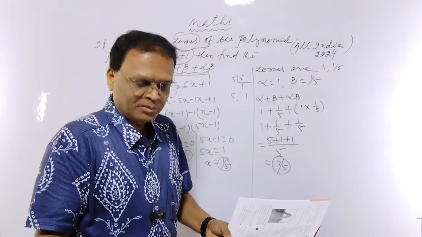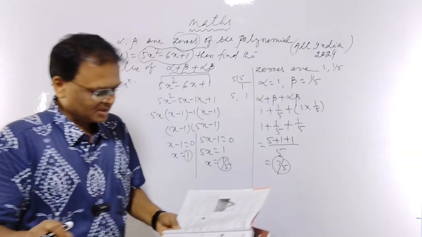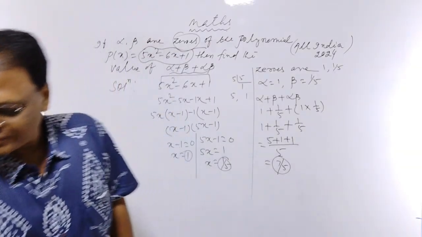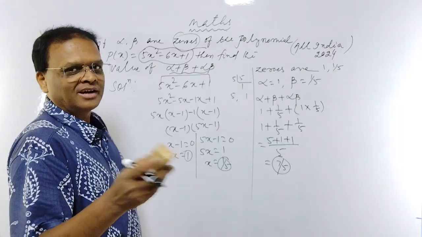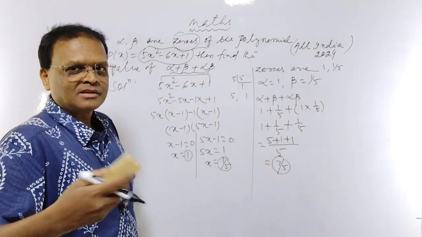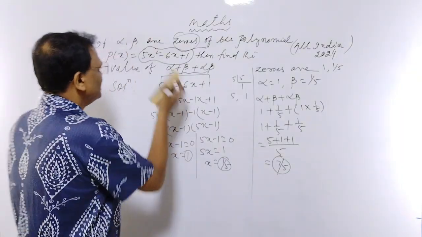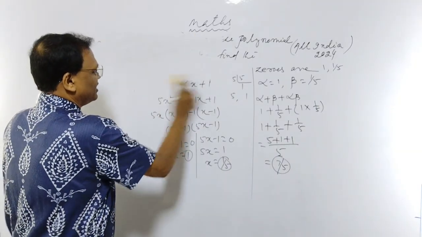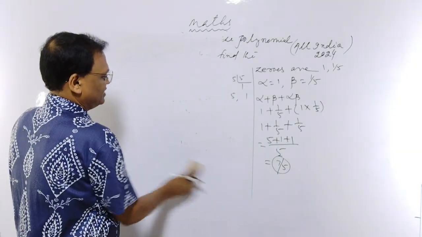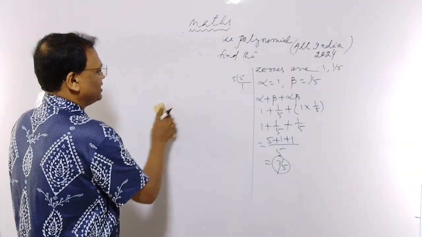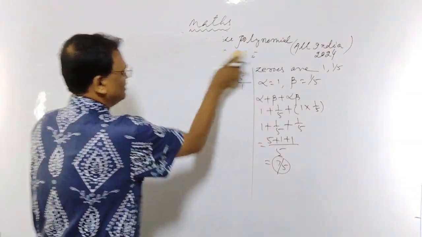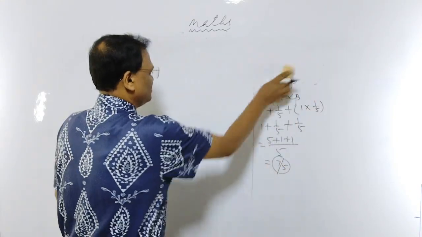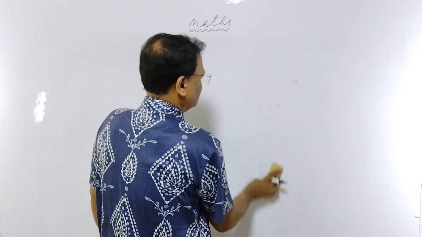In my previous video, I was discussing the sum of the zeros and product of the zeros. So now the second question is about the quadratic polynomial whose sum and product of the zeros are given.